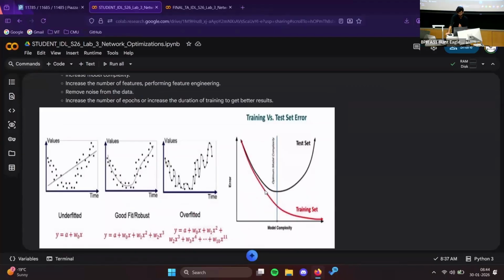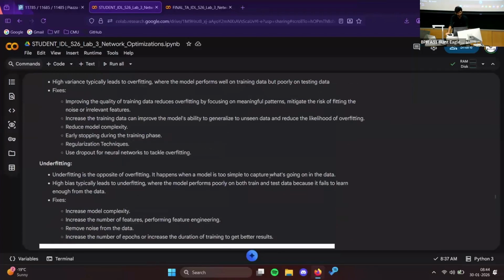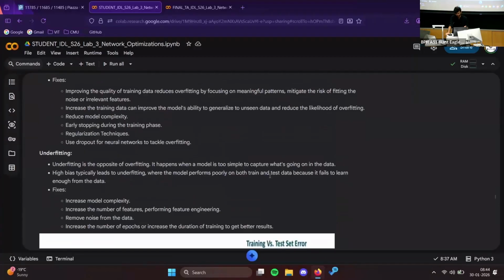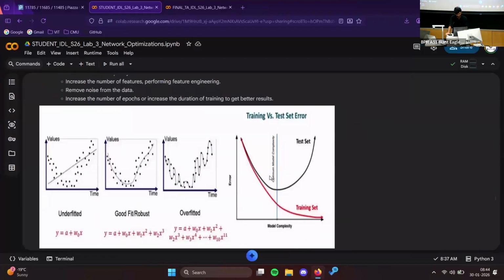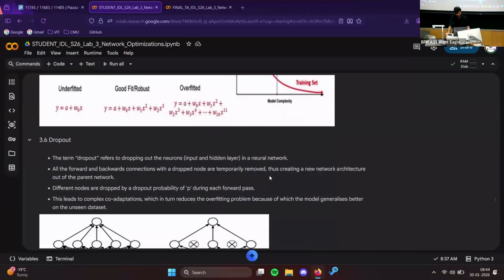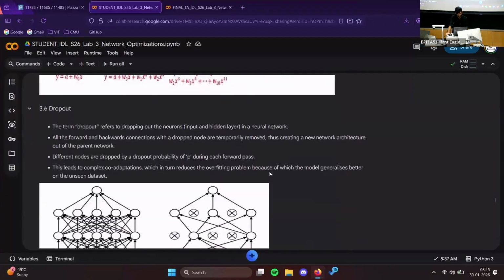And when you give new data to predict, it will just give some crazy results which might hurt the accuracy. So underfitting and overfitting are both phenomena that are not optimal. We need to find the right spot where we stop the training. Some techniques to stop overfitting are dropout, regularization, etc. And we look at dropout first.